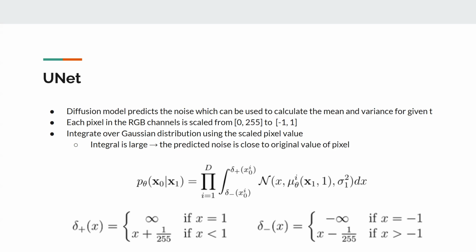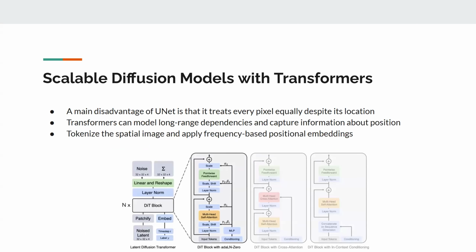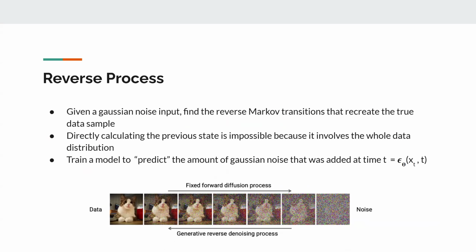So that's going to my next slide, where U-Net is good, but it lacks some things. One of these things is that U-Net treats every pixel equally, despite its location in the image. Maybe if we go back to this cat photo, the pixels corresponding to the cat might be more important than the background.